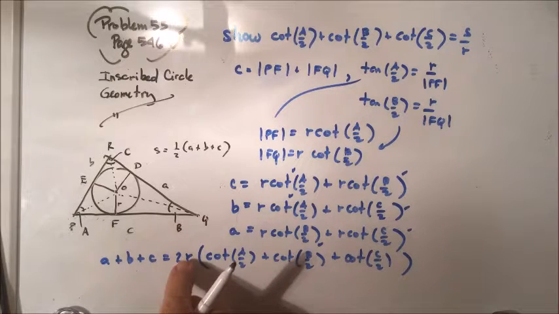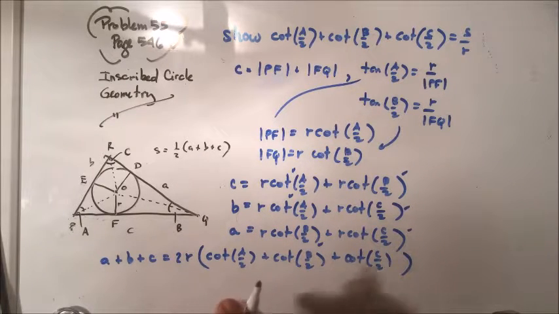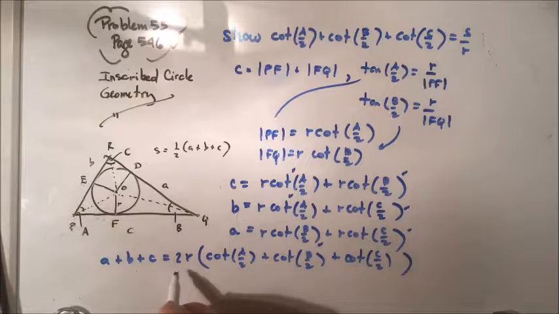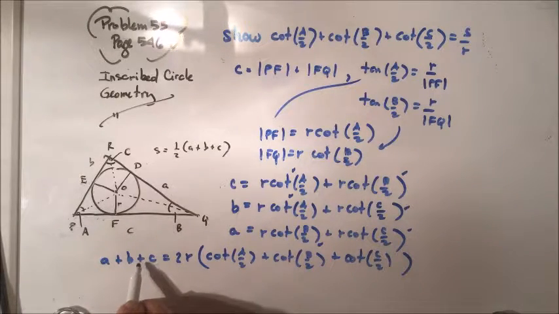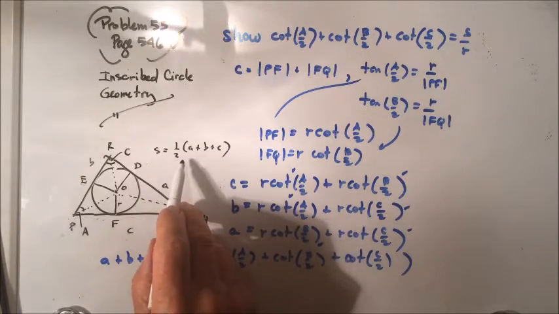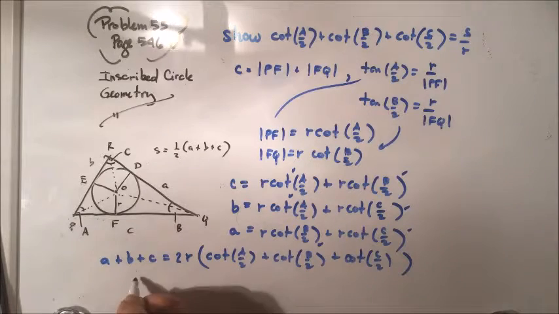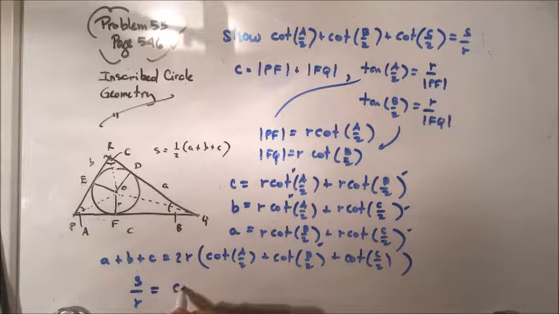I'm going to divide both sides by 2 over R. A plus B plus C divided by 2 is S. That makes an S on the top and R on the bottom, and sure enough, I've got what we were looking for.